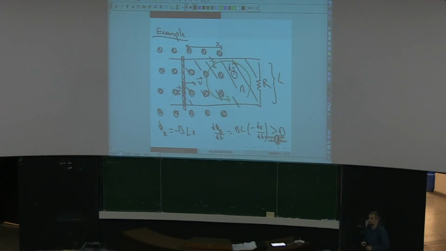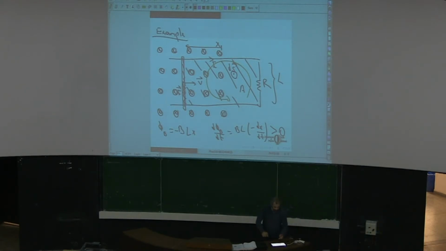It's a negative number, remember. If initially the flux is, let's say, minus 5 Tesla meters squared, then as this is moving, it becomes minus 2 Tesla meters squared. Minus 2 is larger than minus 5. Its magnitude is decreasing, but since it's a negative number, the flux itself is increasing.